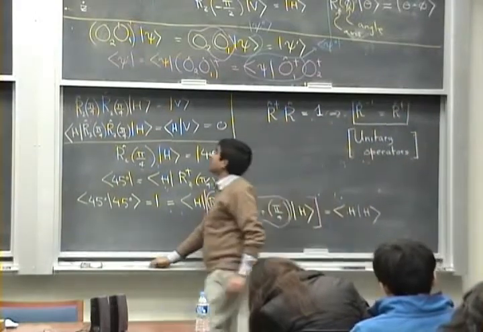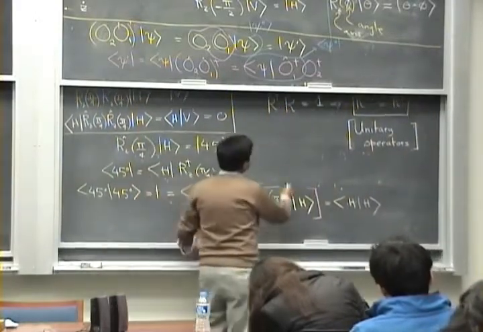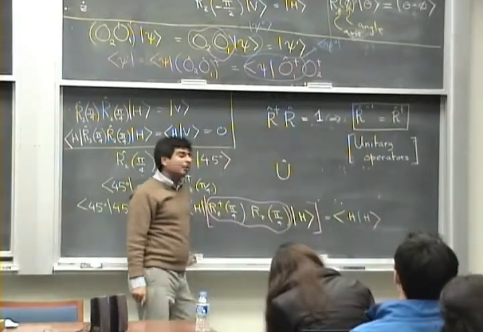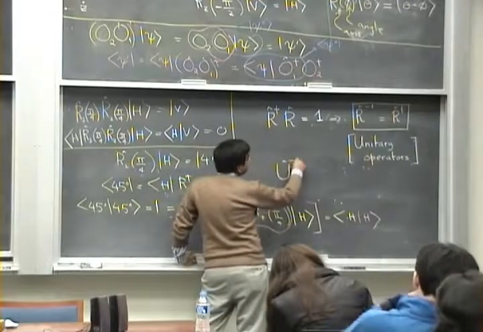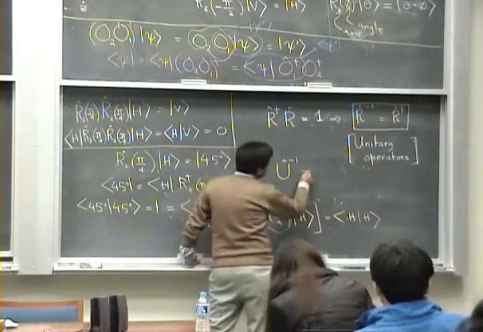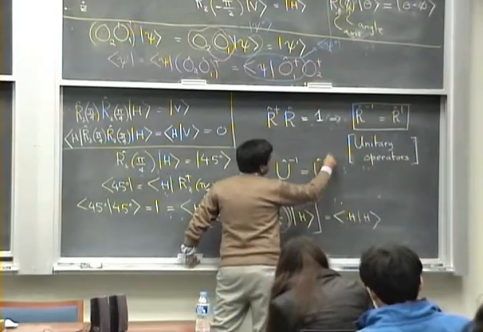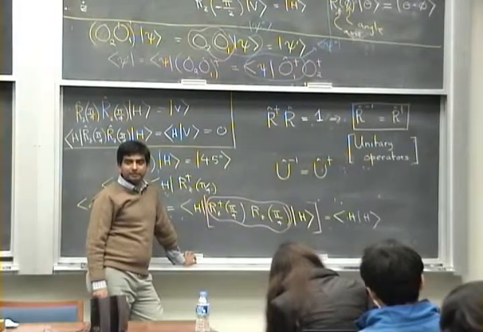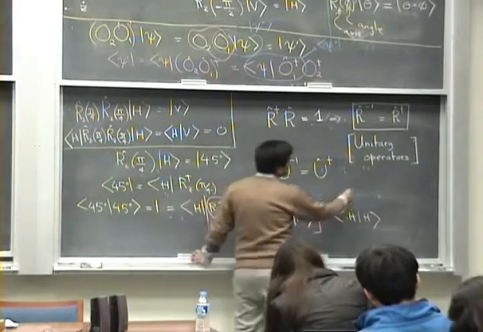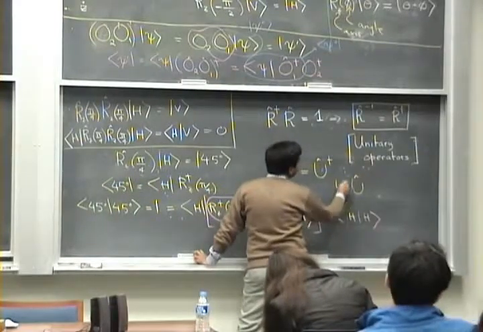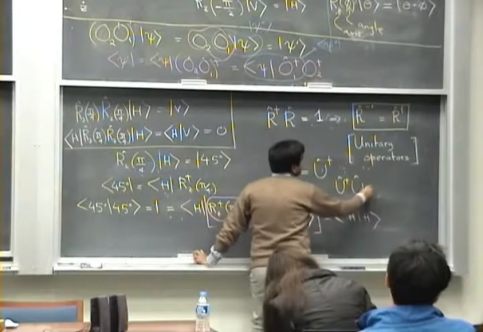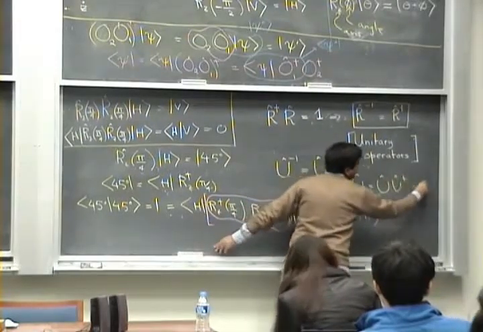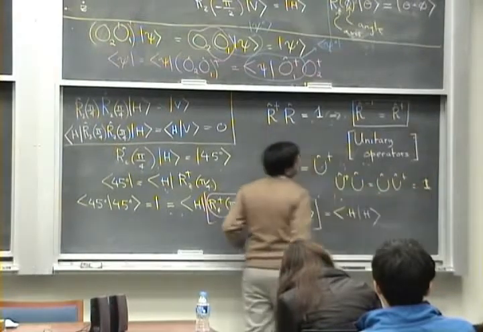Unitary operators are operators generally denoted by U. They are such operators that their inverse equals their adjoint. Or you can also say that U multiplied by the adjoint in either order gives me the identity operator or the unit operator.